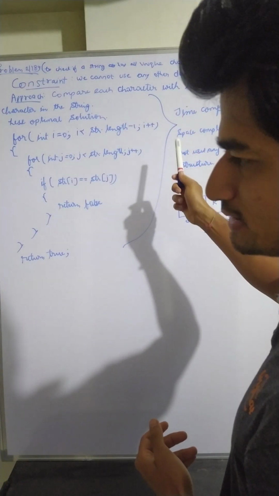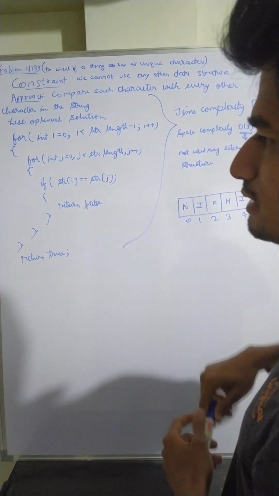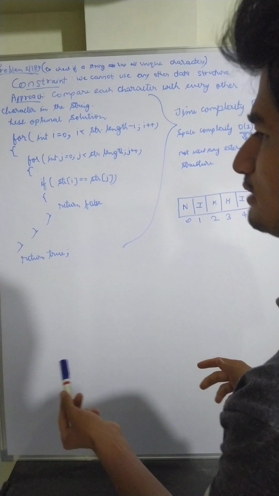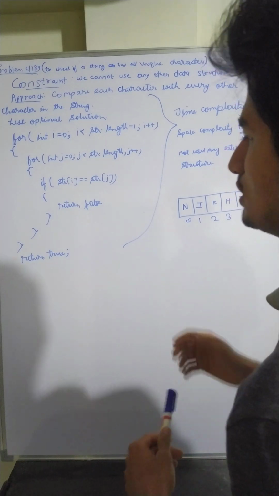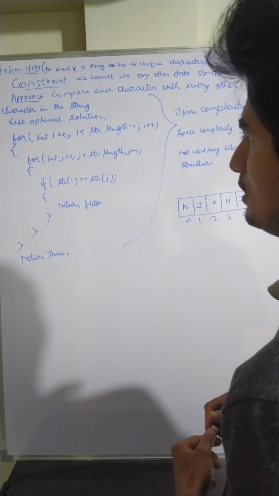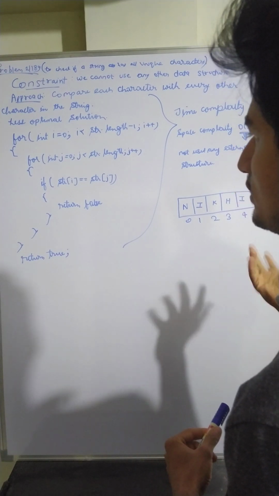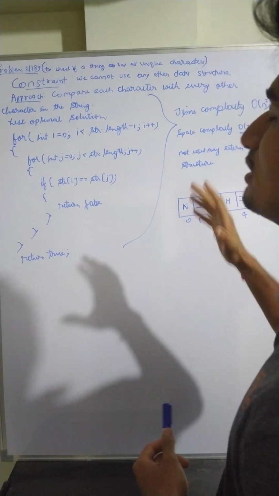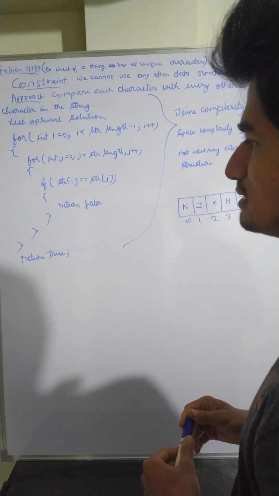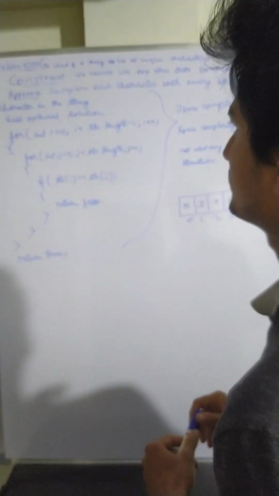If it had existed earlier, then we returned false, and if it had not, then we saved it as true, so that when the same character appears again in the string, we can return false. That was the most optimized solution from the space complexity aspect and time complexity aspect.